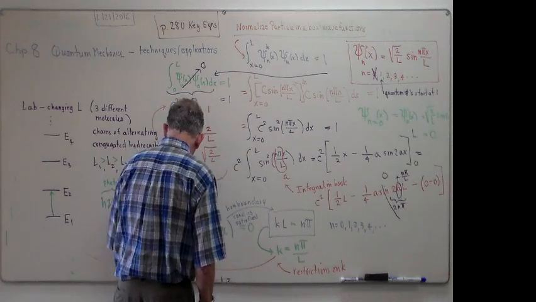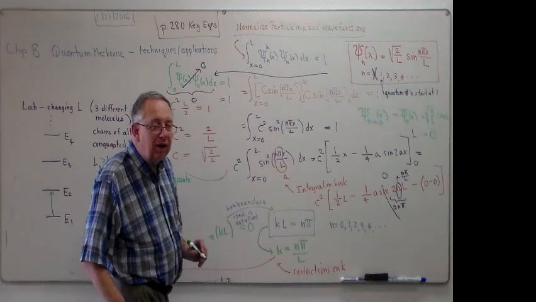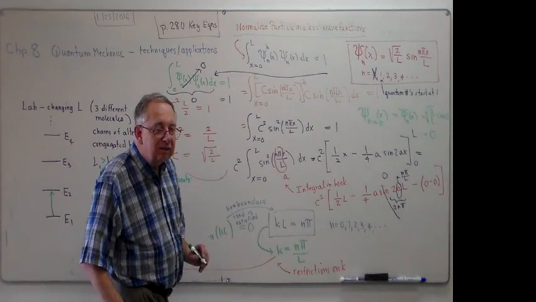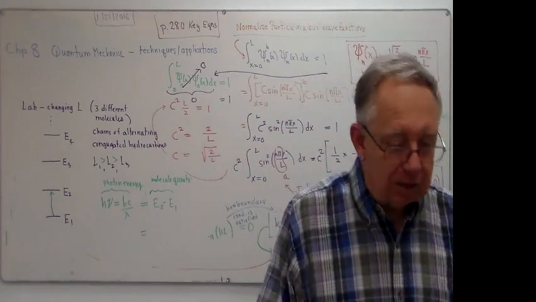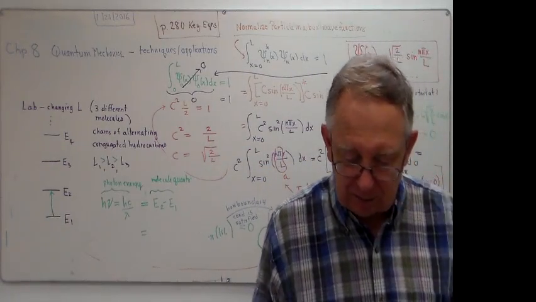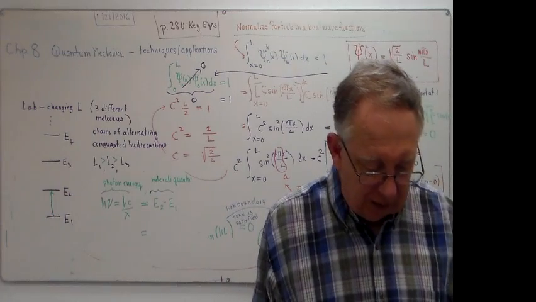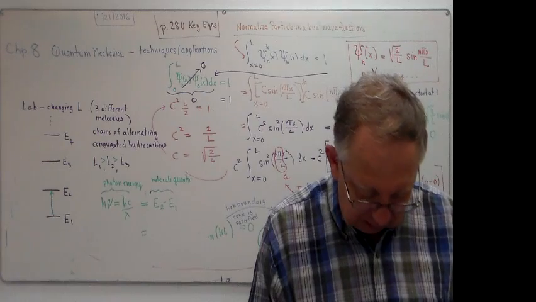Is it n squared? I can look it up. It's what we had on the board, just the quantum energy levels of particle in a box. And we can derive them, but we can also look at them.